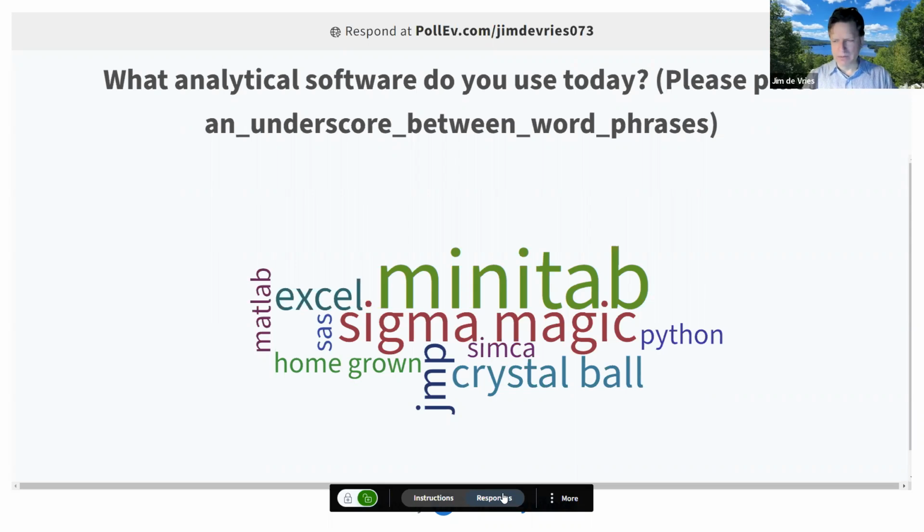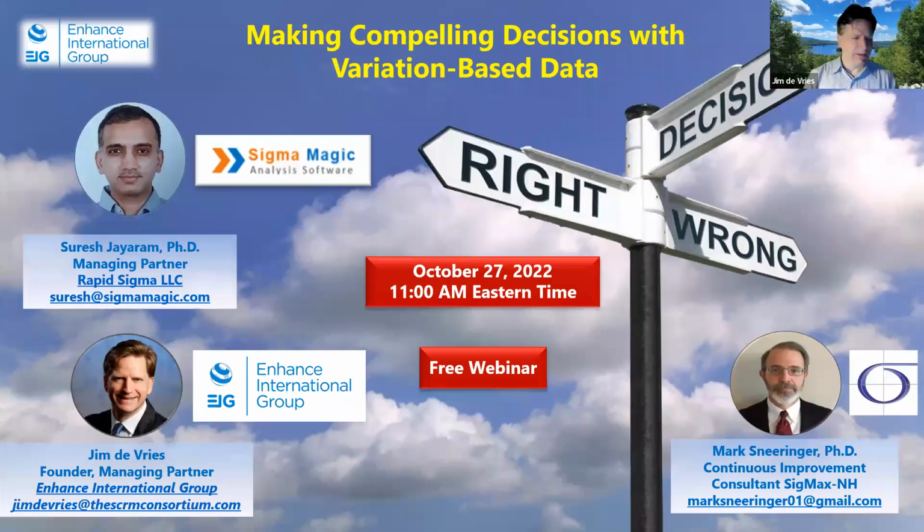All right, I think we're going to get started, right? Yep, I think so. All right, thanks for participating. Good morning, good afternoon, and good evening. Welcome to EIG's 70th webinar and the second webinar in this series, a discussion with our great guest experts from the industry, Dr. Mark Sneeringer and Dr. Ramesh Jaraman from Sigma Magic.